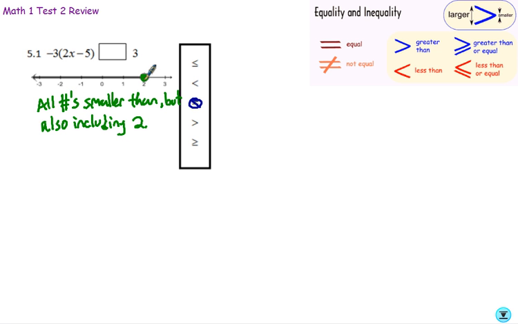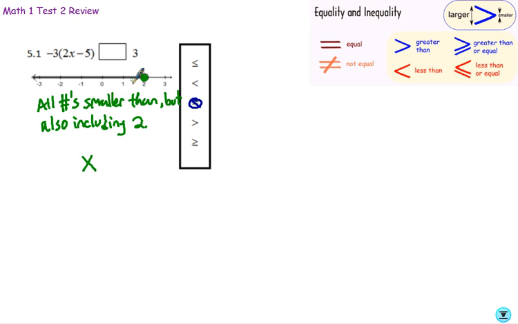So that's what happens when we bubble that in. What we're saying is that we're including that number. So what are all the numbers that are smaller than 2, but also including 2? Then what I'm saying is that I'm looking for something that would give me x as my answer, right?